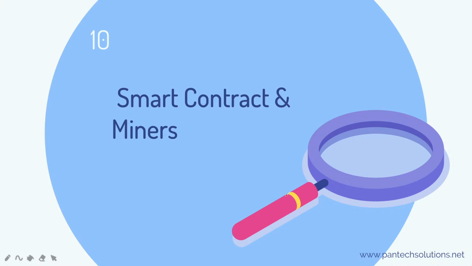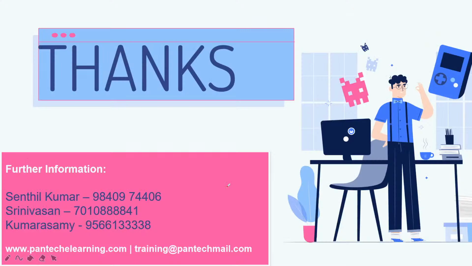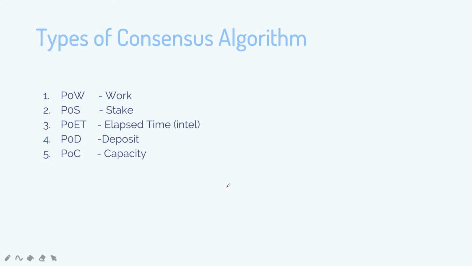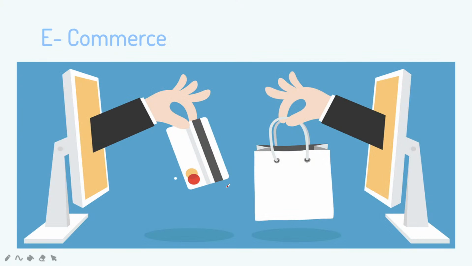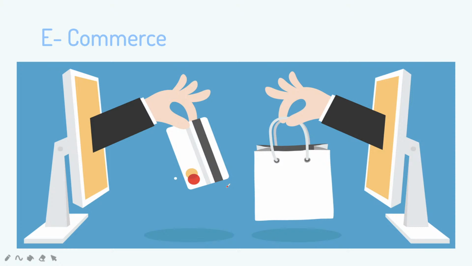Next one is smart contracts and miners. First of all, smart contract is one of the most famous technologies. Why? Because in e-commerce websites, if you want to buy any product, you have to place an order, and you need to transfer your amount, right?